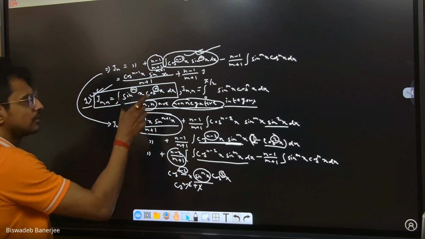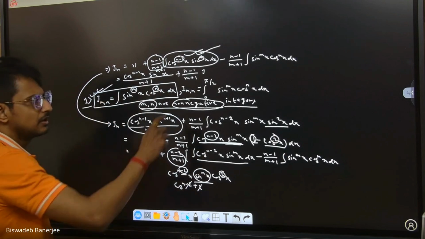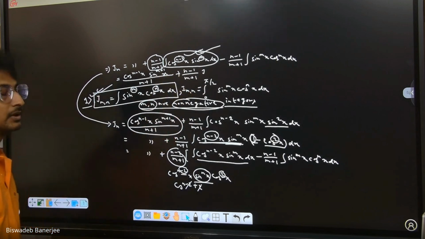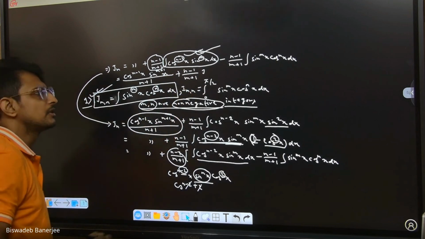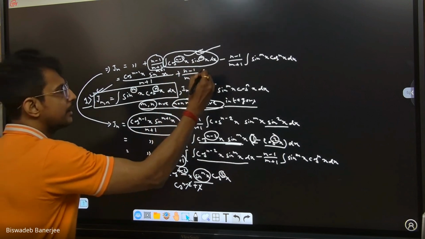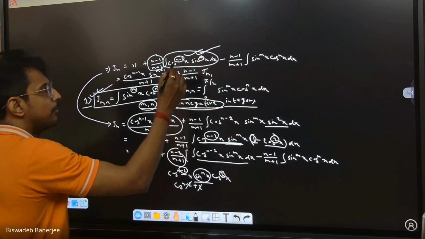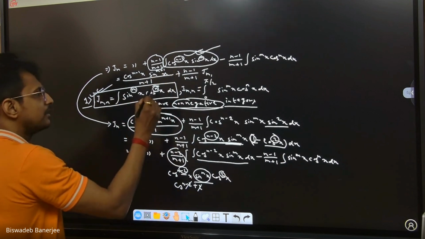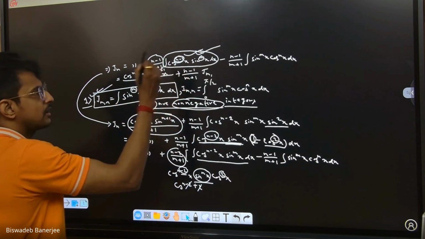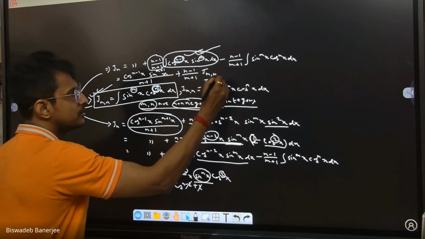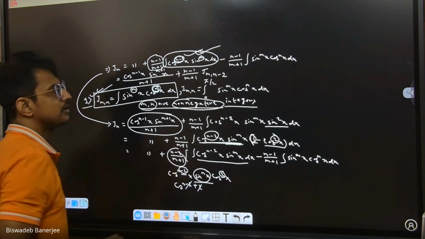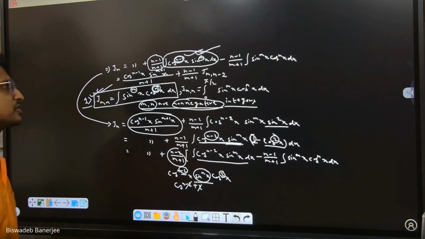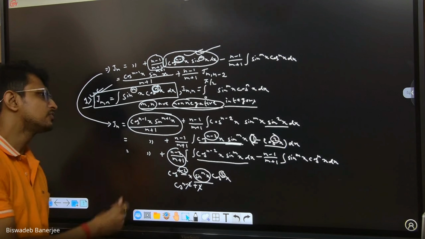Let us write this integration by Jmn and this integration by Imn. Now you can see that here my power m remains as it is, but here the power is n, but here my power is n minus 2. So this will be J m comma n minus 2. So just correct the notation.